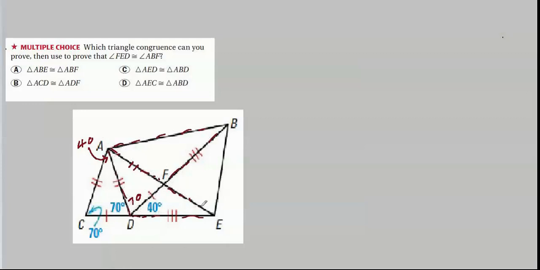So we have this triangle here, AED, and this triangle, ABF. I say they're congruent. Why would I say something like that?